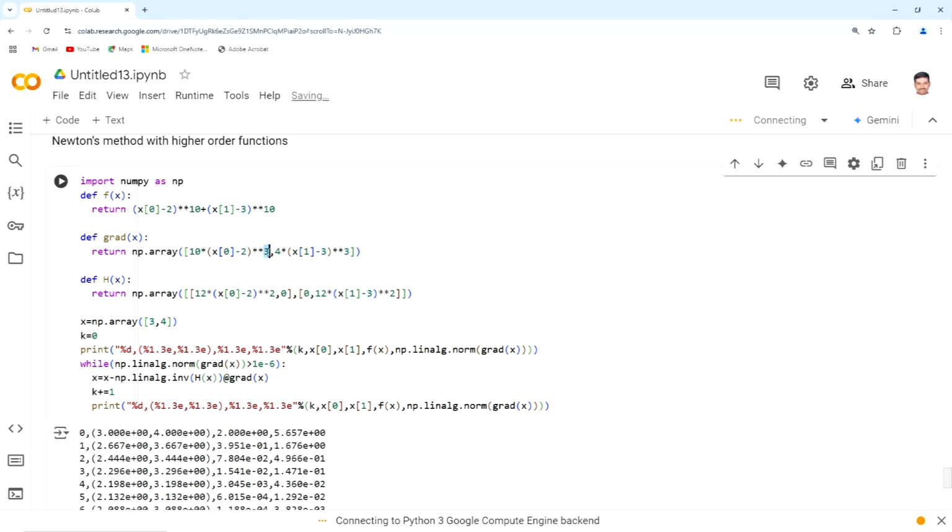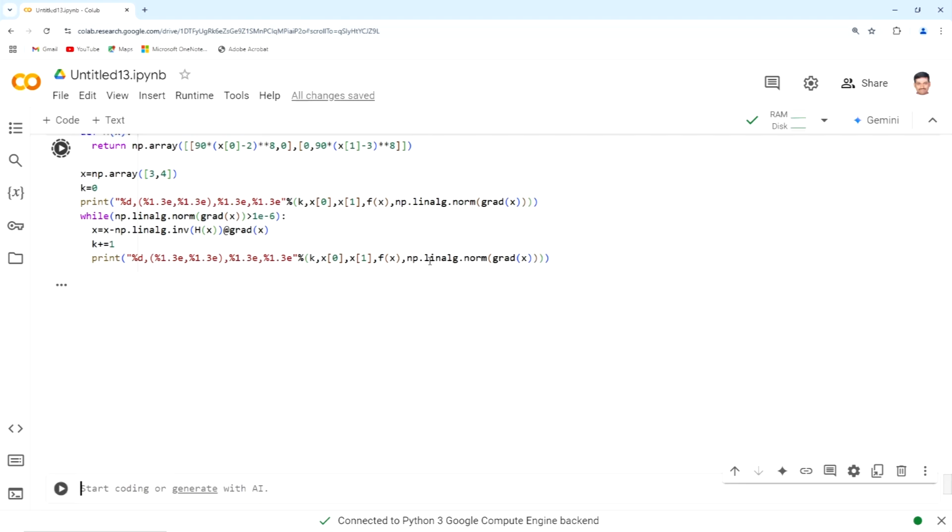So, that is 10 into x naught minus 2 power 9 and 10 into x 1 minus 3 power 9, and this will be 90 into x naught minus 2 power 8, sorry, and 90 into x 1 minus 3 power 8. Okay. Yeah, so I can start with 3 comma 4. Let us see where this is going to take us.